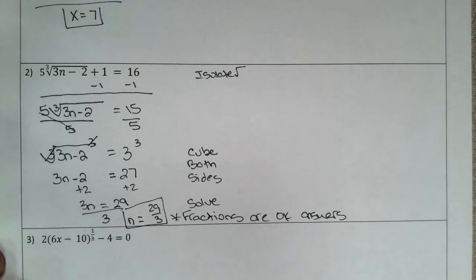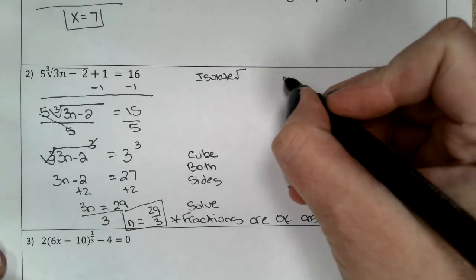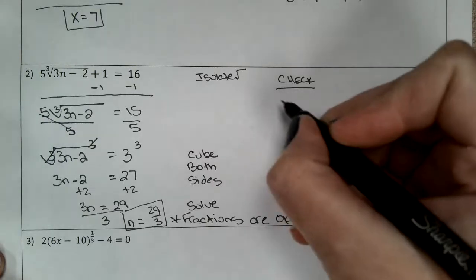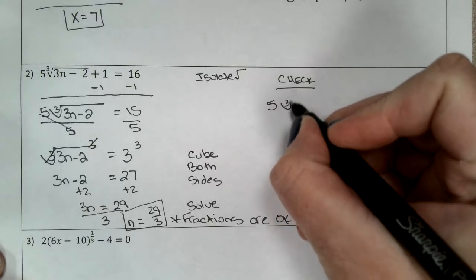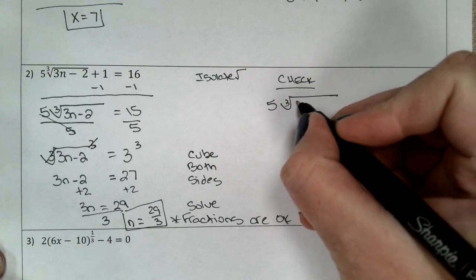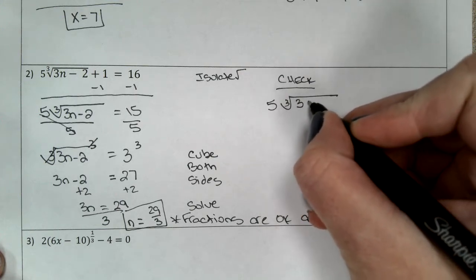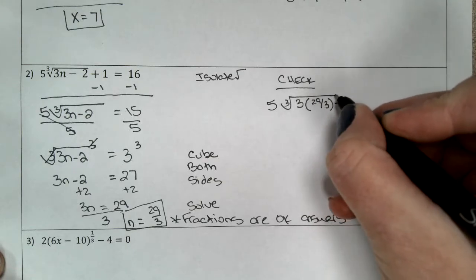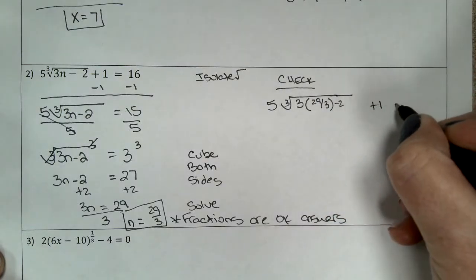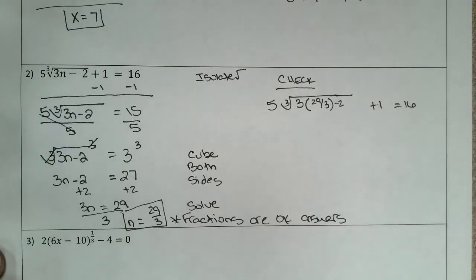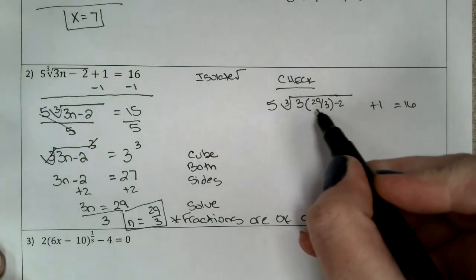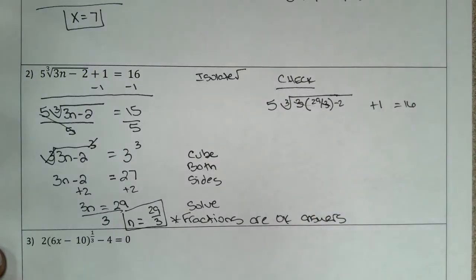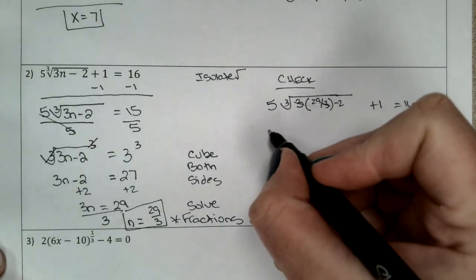It does make the checking a little bit more challenging, but we can do it. So 5 times the cube root of 3 times 29 thirds minus 2 is under the radical, plus 1 equals 16. So 3 times 29 thirds, those 3's end up canceling each other out.